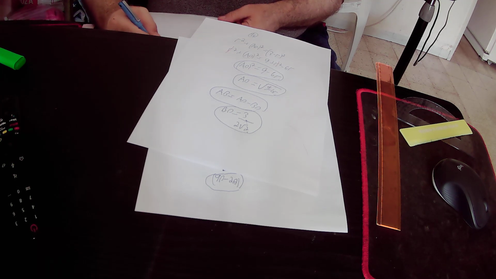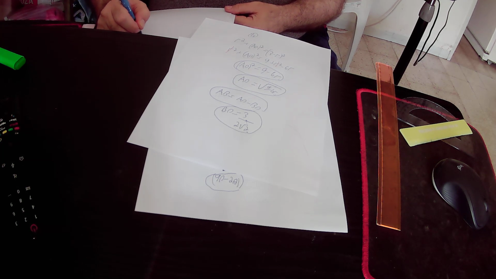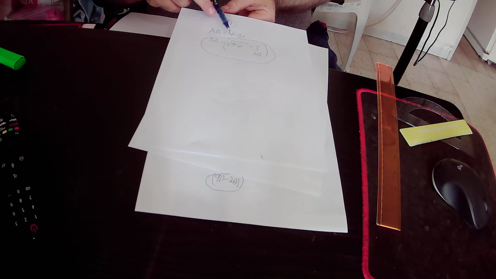So AB equals AO minus BO, or AB equals the root of 9 minus 6r minus 3 over 2 times root 2. So we actually found out the value of AB.